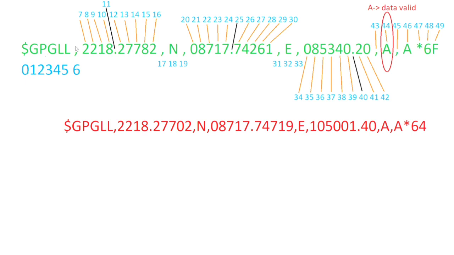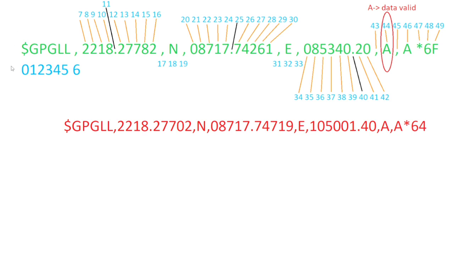So we had checked for incoming byte location 4 and location 5 for these characters L and L, and the 44th location for this character A. If these three characters are found, it means we have received GPS latitude and longitude coordinates.